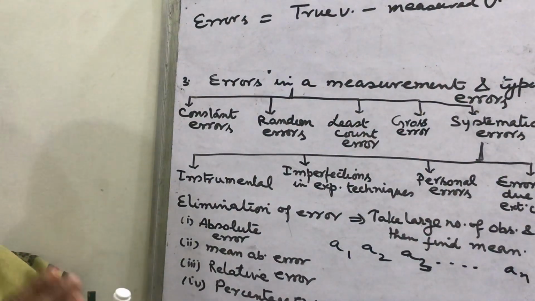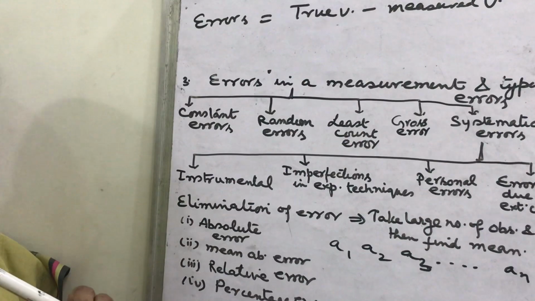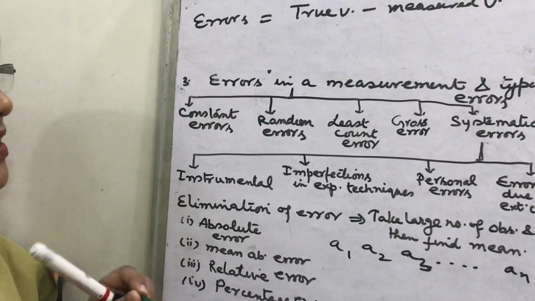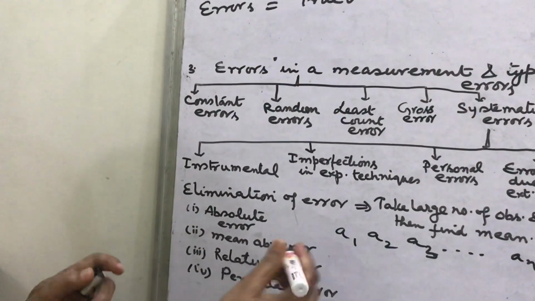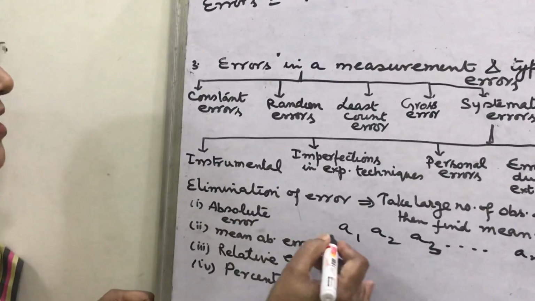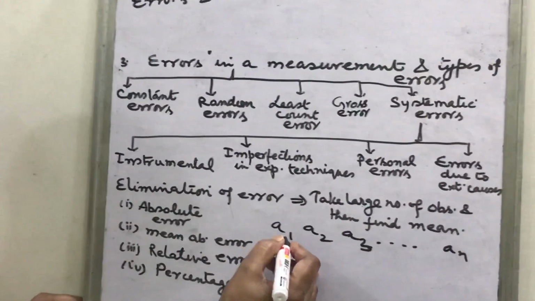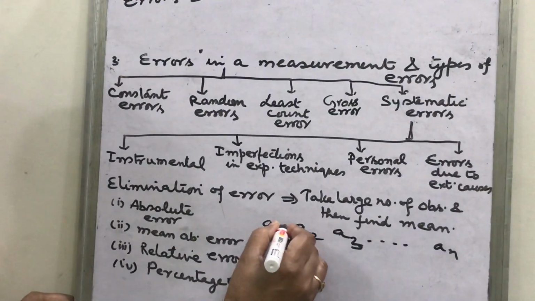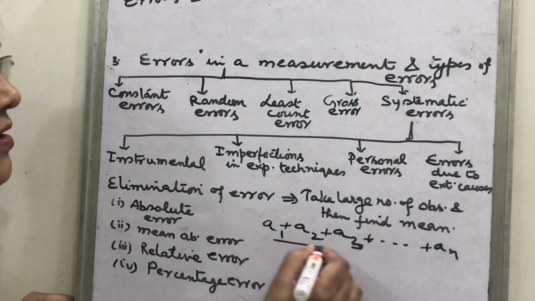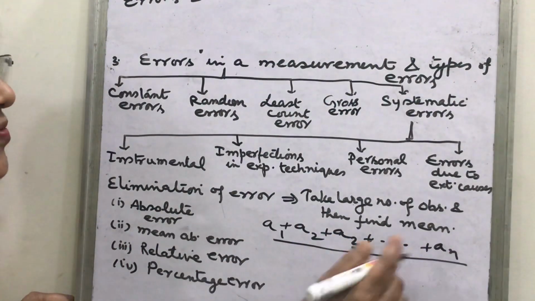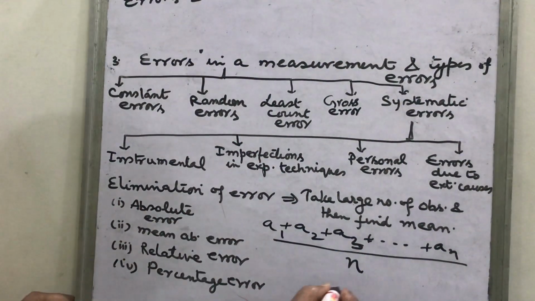Sometimes you find the error equal to the least count of the measuring device, and that may be less or more than the measurement taken. So first you take all the measurements and find their mean. How will you find the mean? By taking the sum of all the observations and dividing by n. Then how can you write it?